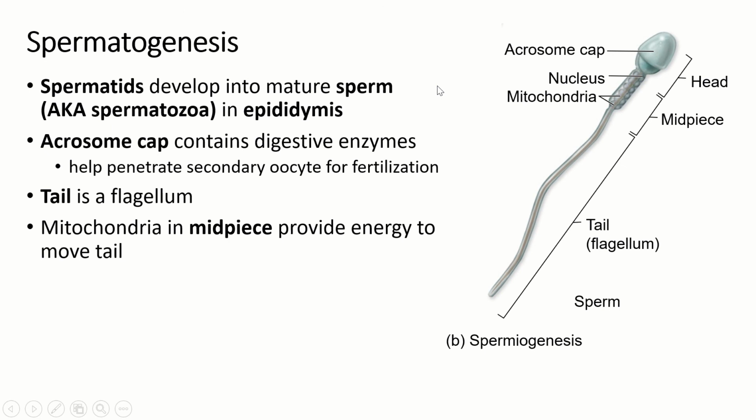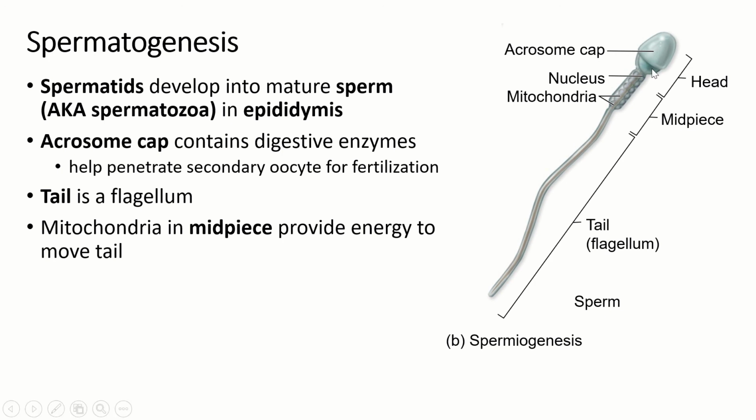Epididymis. In the epididymis, the spermatids develop into this final sperm shape. The acrosome cap is full of enzymes that are going to be able to penetrate and eat their way through the jelly coat, which is the part of the follicle that left the ovary with the egg.